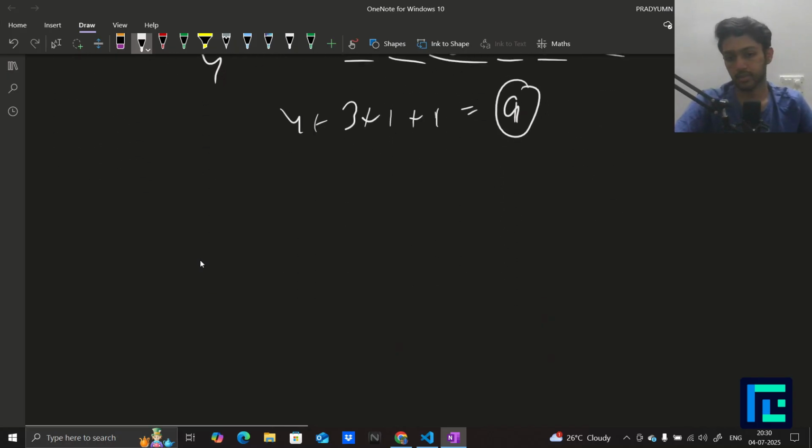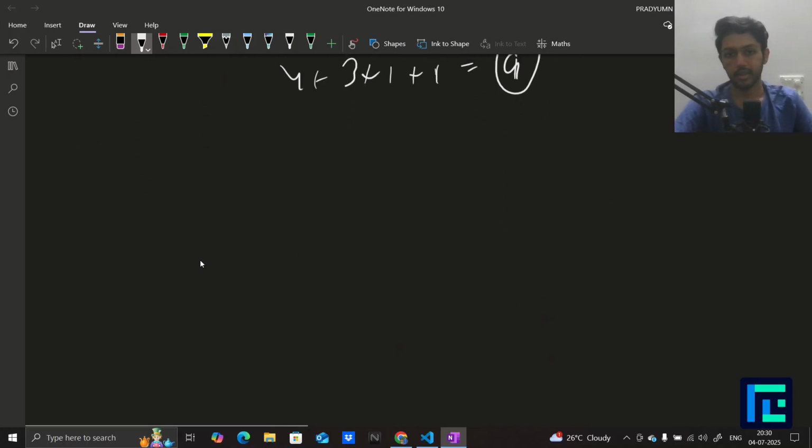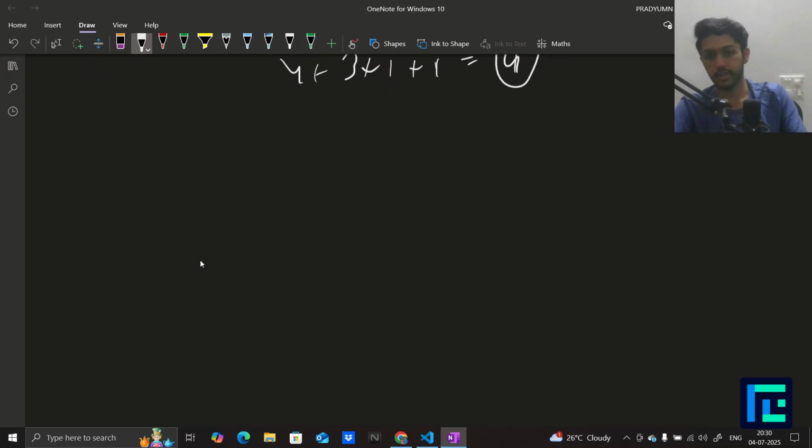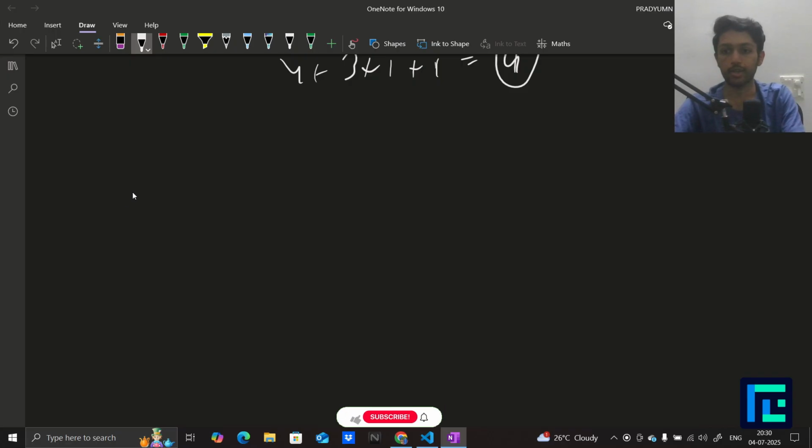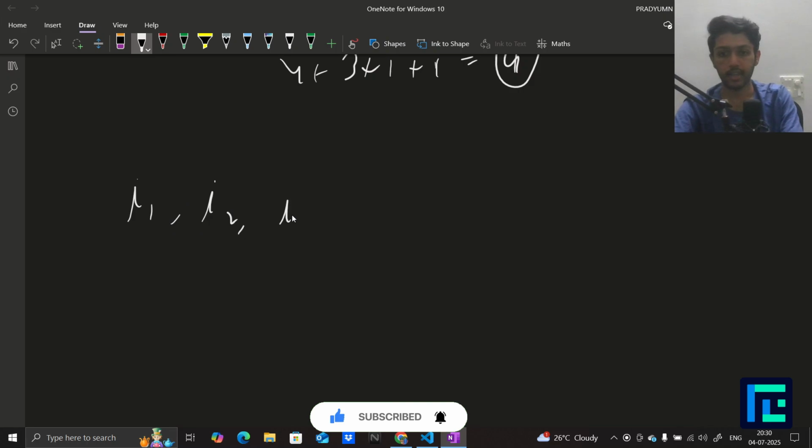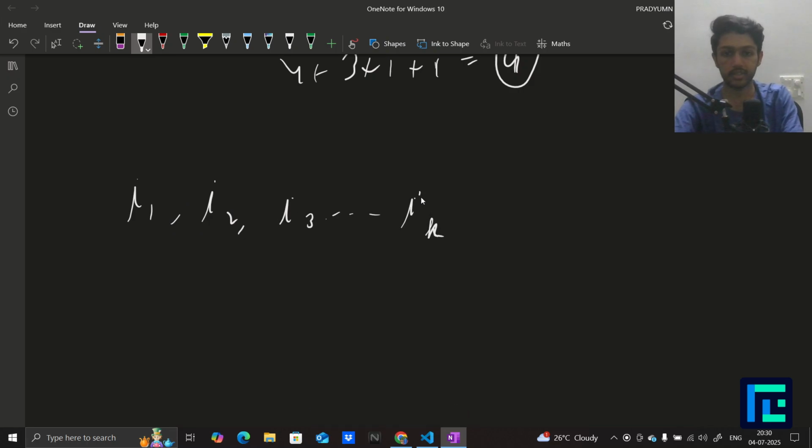All right, so this is the entire solution here. And just for some implementation details, you can simply make a vector of positions. You can just keep track of which indices have sheep. Let's say on I1, I2, I3 up to IK, there are K sheep, and these indices are already in sorted order.